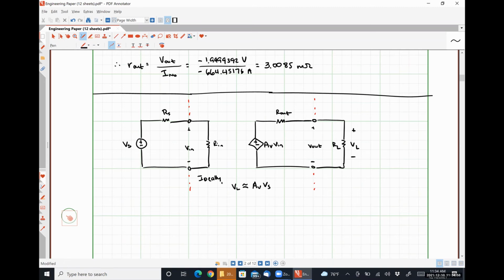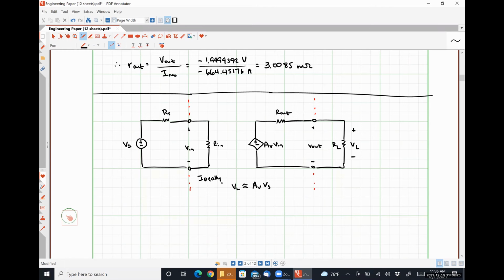And then we want AV times Vn to be exactly equal to VL. Under those two constraints, Vs multiplied by AV will give us exactly VL. So how do we make that happen?